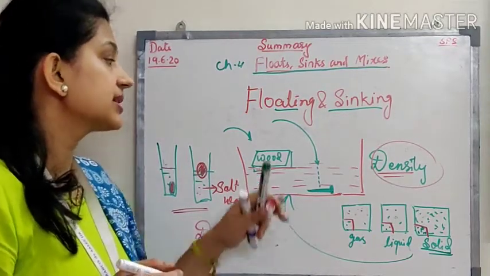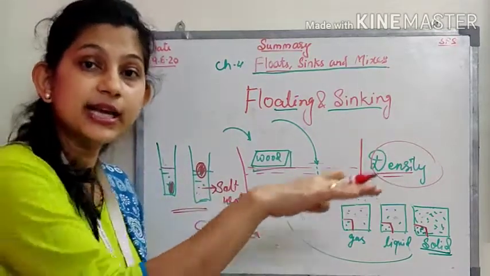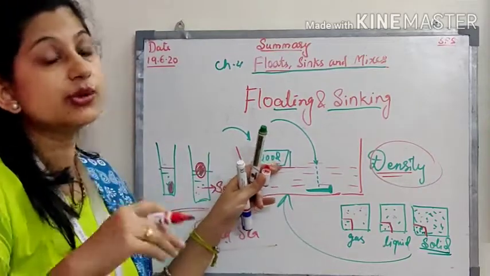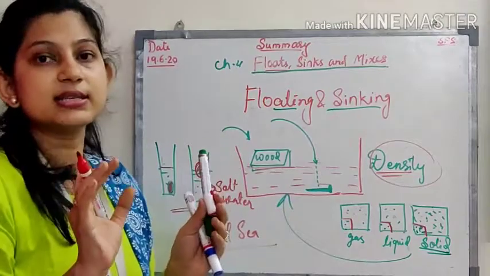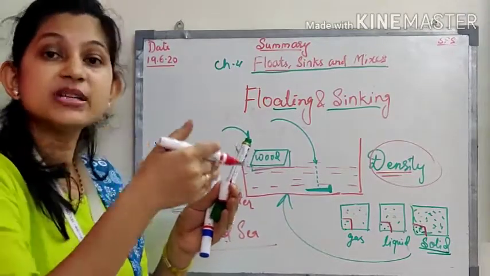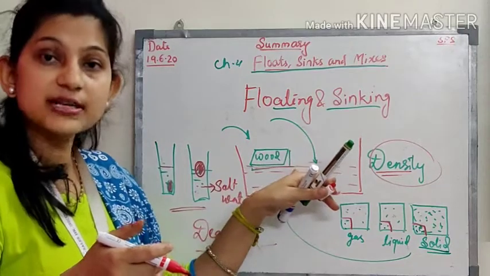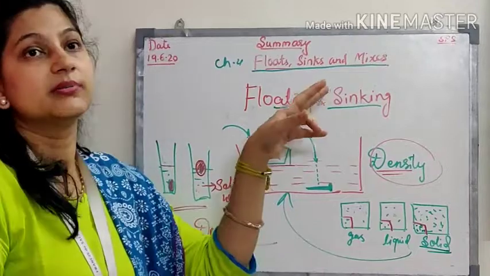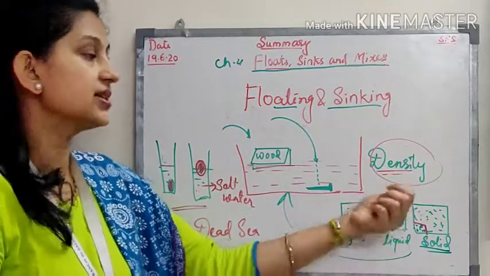And we have also discussed why a large ship sails on the surface of water. Because a ship is mostly made up of wood and a few other metals also, but its structure is such that it has so much space in between, and it floats on the surface. And a small nail sinks down. The major thing which helps any substance to float or sink on water is density.